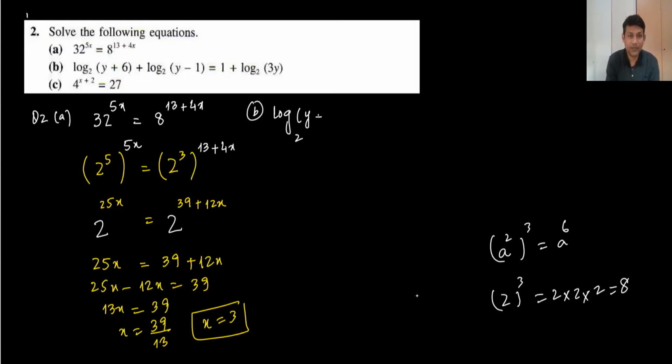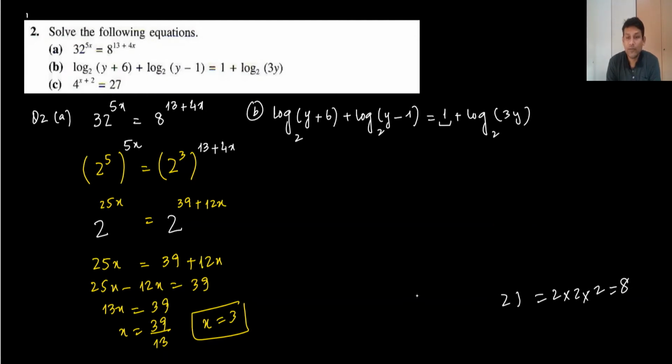But when I'm doing this question with all the questions, I will be explaining a little bit about the topic. y plus 6, sorry, y minus 1 is equal to 1 plus log base 2 of 3y. Okay, this is log base 2, and log base 2.